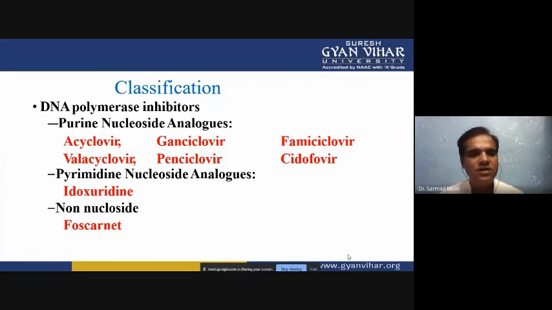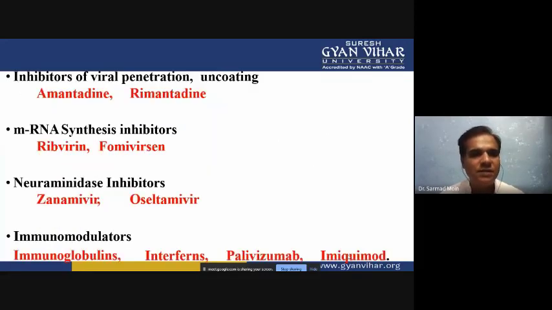Then pyrimidine nucleoside analogs are also there, and in this category idoxuridine is there, and a non-nucleoside antiviral drug like foscarnet is there, and they all inhibit the DNA polymerase. Then inhibitors of viral penetration or uncoating, amantadine and rimantadine, are there.